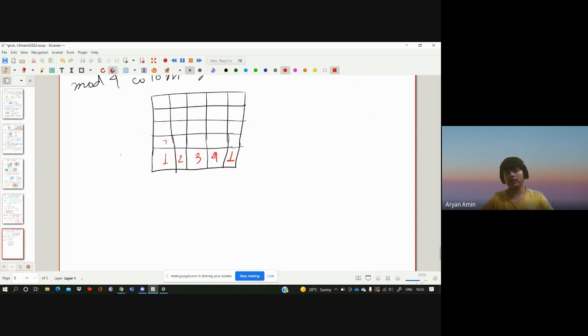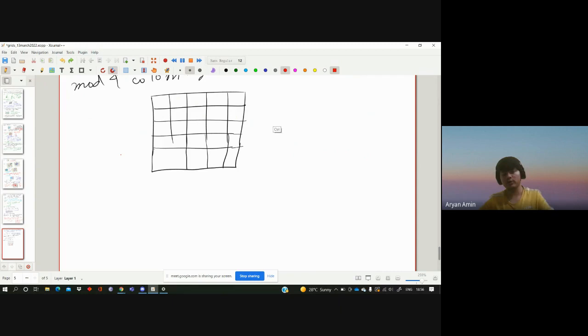Here you write 2, and then 3, 4, 1, and then write 2 again. And here you start from 3, 4, 1, 2, and then you write 3 again. Does everyone understand what the mod coloring is basically all about?